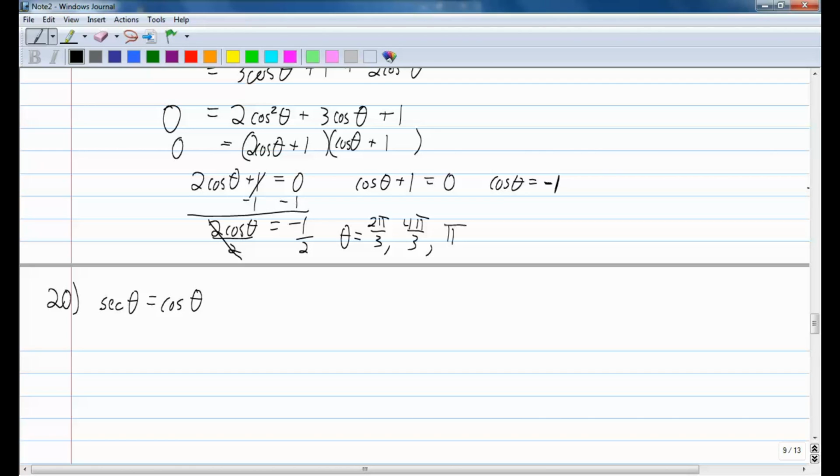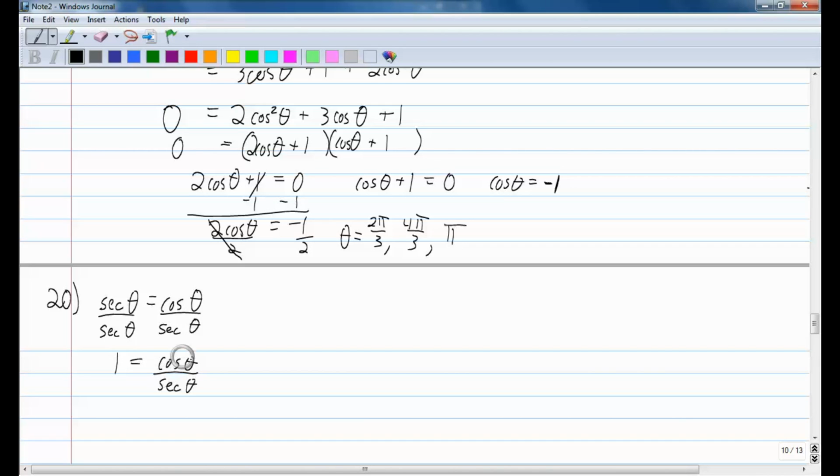Alright, I'm going to divide both sides by secant, and I will get 1 equals cosine theta over secant theta.